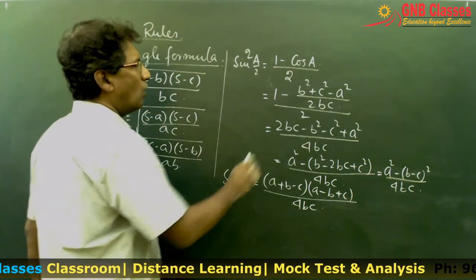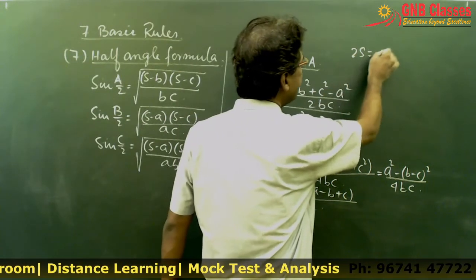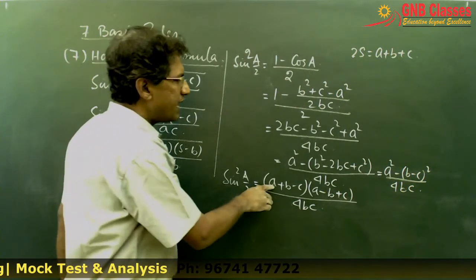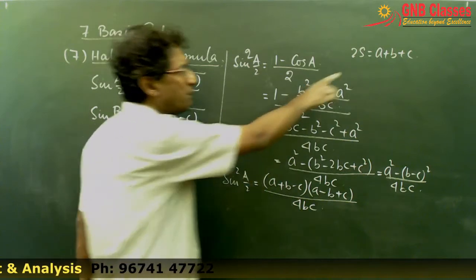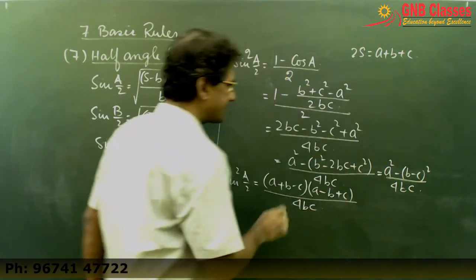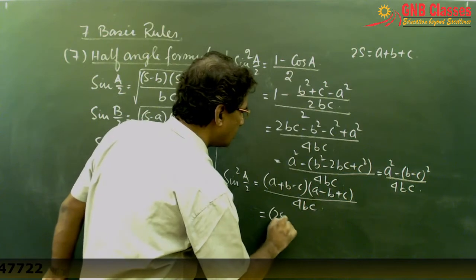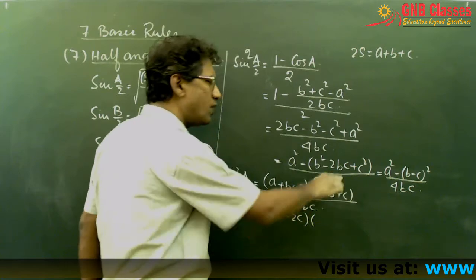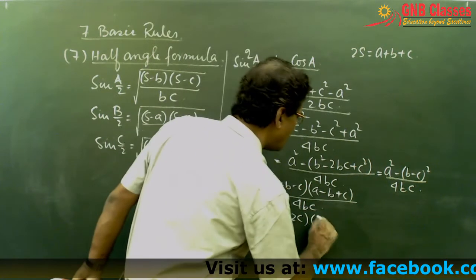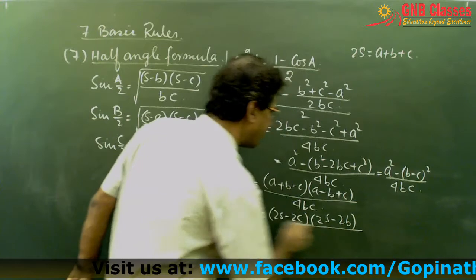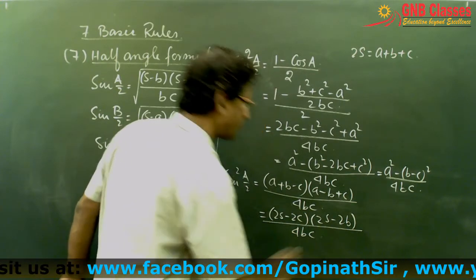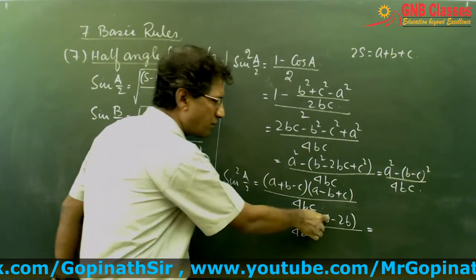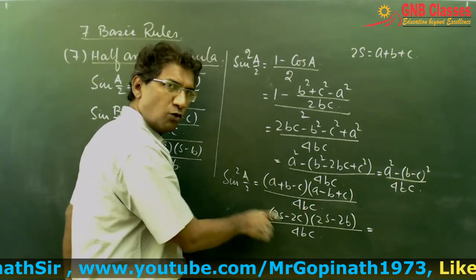Is it okay? Now we all know that 2s is a plus b plus c, where s is the semi-perimeter. So a plus b can be replaced by 2s minus c, which gives 2s minus 2c, and a plus c can be replaced by 2s minus b, which gives 2s minus 2b, divided by 4bc. Am I correct? If we take 2 common from each, the 4 goes off.